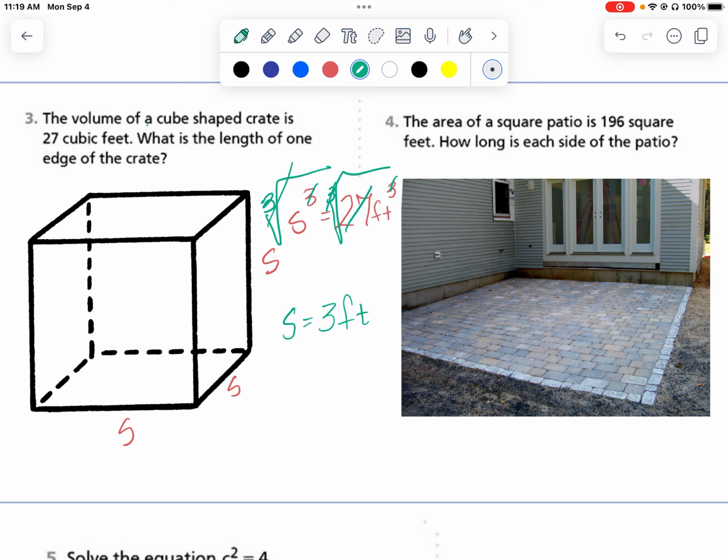So using our question, the length of one side, one edge of the crate, is 3 feet.